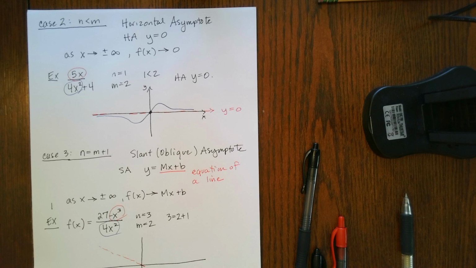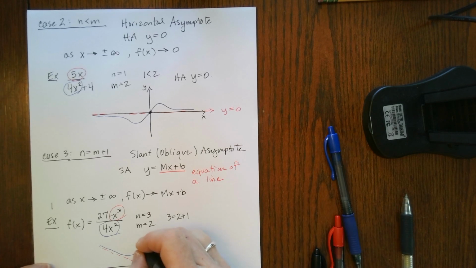Well, this graph has a vertical asymptote here, and then it crosses over the x-axis, and as x goes to positive infinity, it approaches our slant asymptote from the top, and in a similar way, it approaches the slant asymptote from the top as x goes to negative infinity. So this would be an example of a slant asymptote for this function.